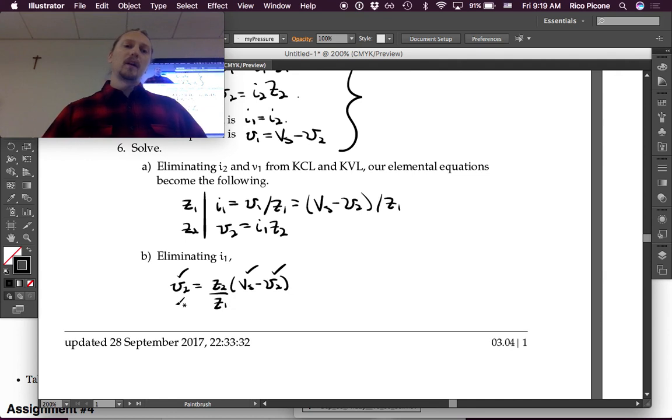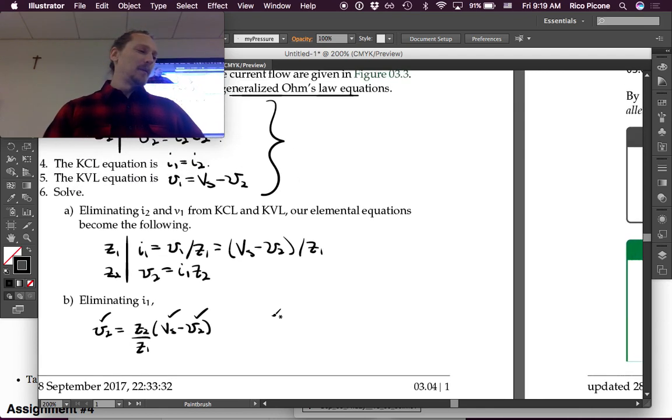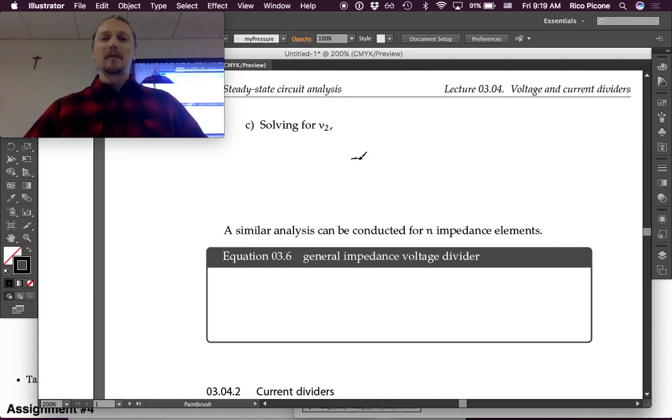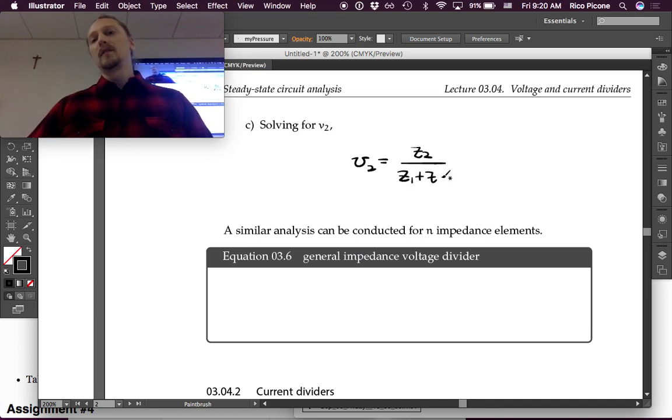We bring it over, factor out the V2, and divide what's left over again. You might be noticing a pattern here; we keep doing the same operation. We end up with V2 equal to Z2 divided by Z1 plus Z2, times Vs.